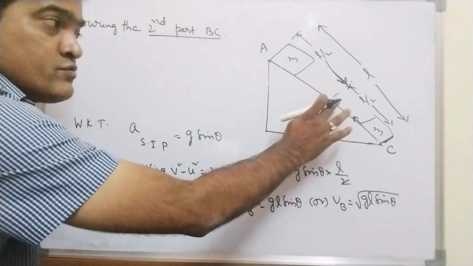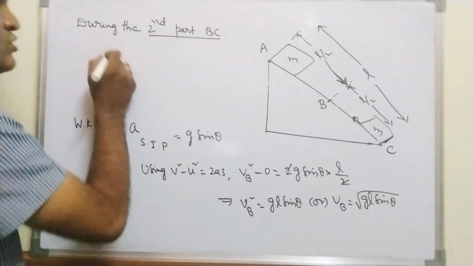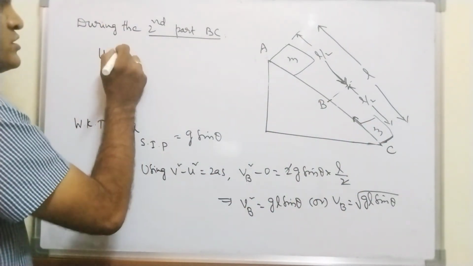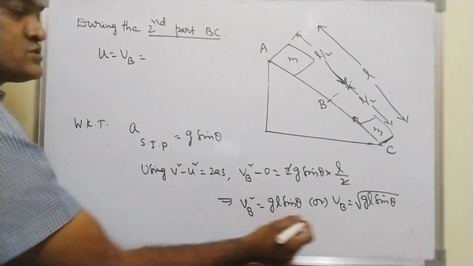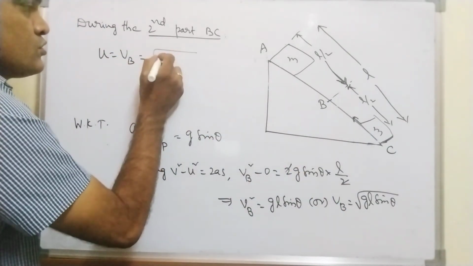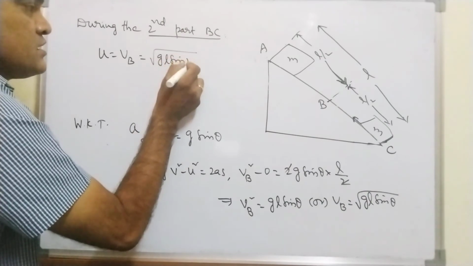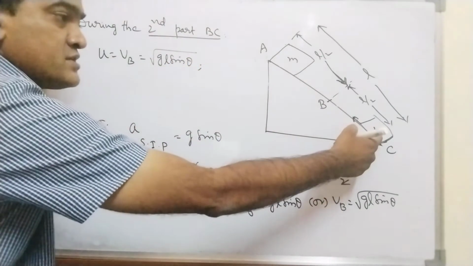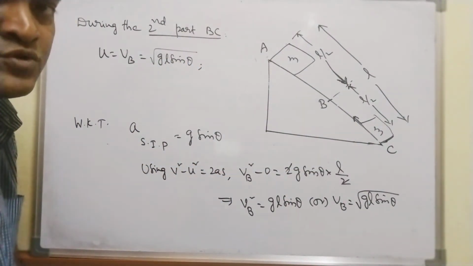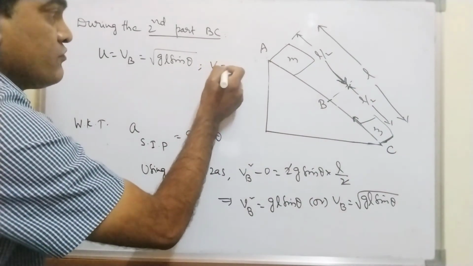Initial velocity you have to consider at point B, final velocity is 0. So velocity u now is equal to vB, which is root over gL sin theta, and velocity at point C, it has come to rest. So final velocity is 0.